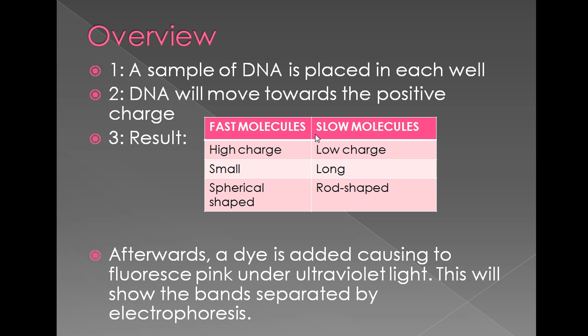To get these results, the scientists will have to pour a DNA binding dye onto the gel and put it under an ultraviolet light, which will make the DNA molecules a fluorescent pink color, and it will show them separated by electrophoresis.